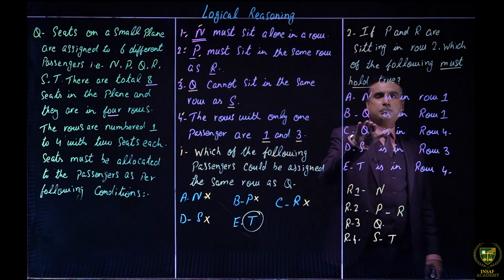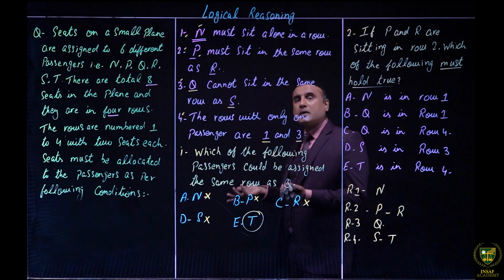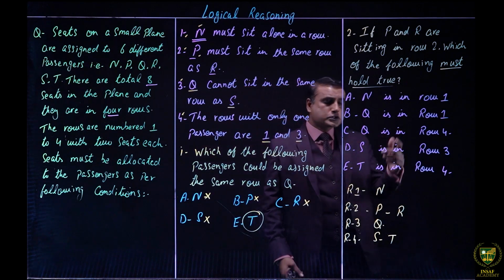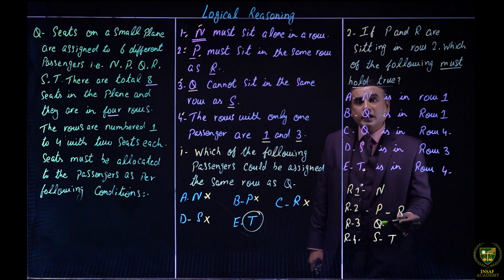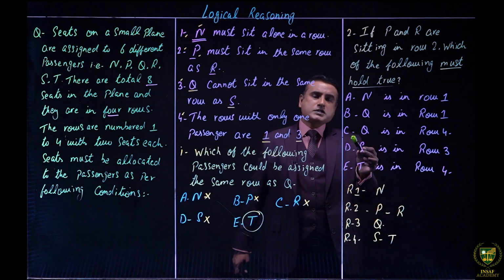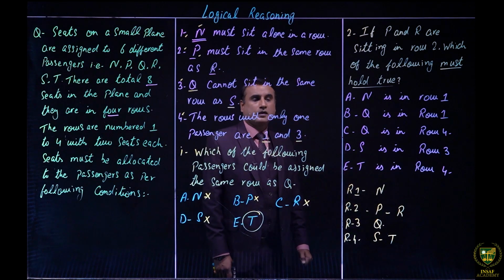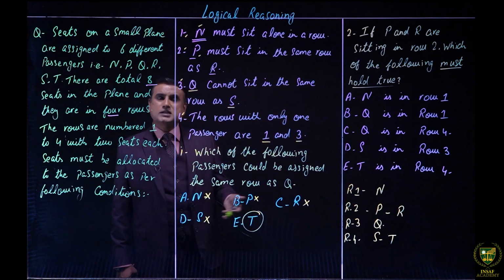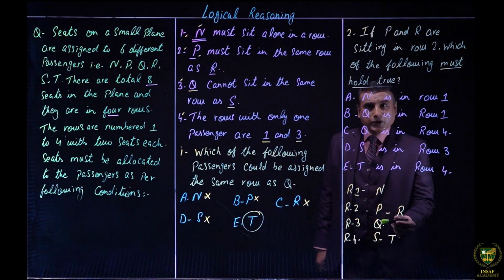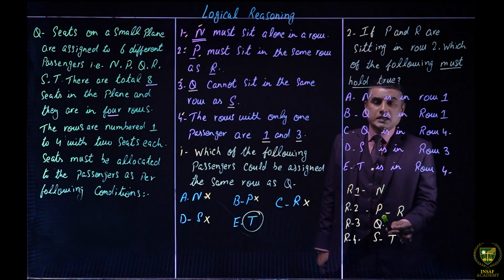Let's talk about B. Q is in row 1. See, Q can also be in row 3, and still all our conditions are satisfied. So it is again an option. It can be shifted here and N can be shifted here, so it can be an option but it is not a compulsion. Option C: Q is in row 4. This is not really possible, because if Q is placed in row 4 it will have to sit with T and S will be moved here.